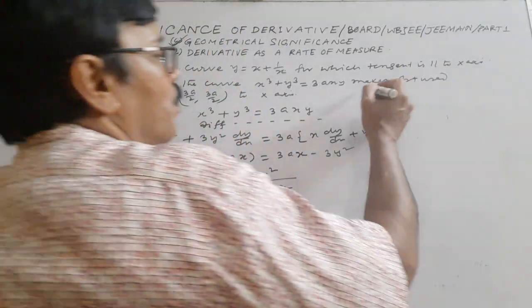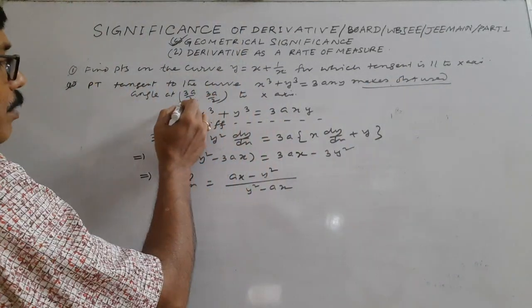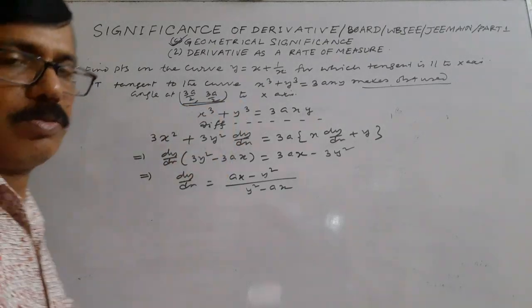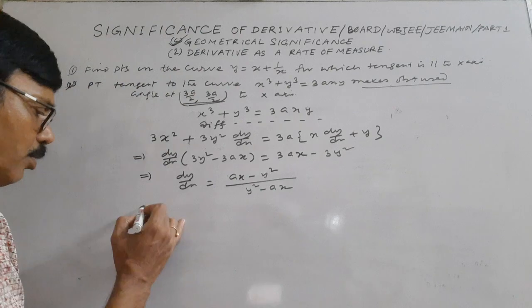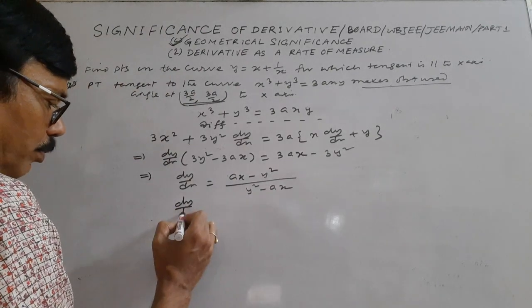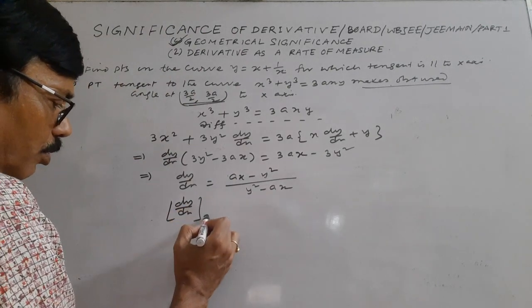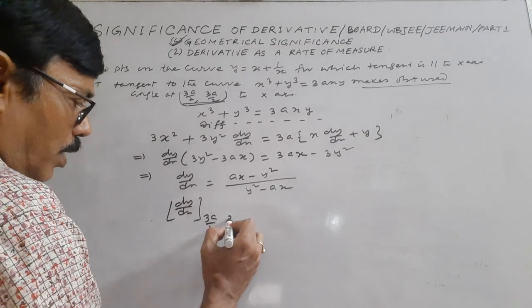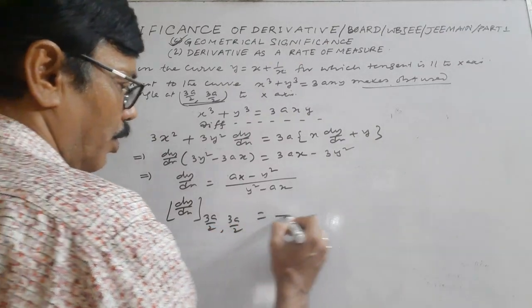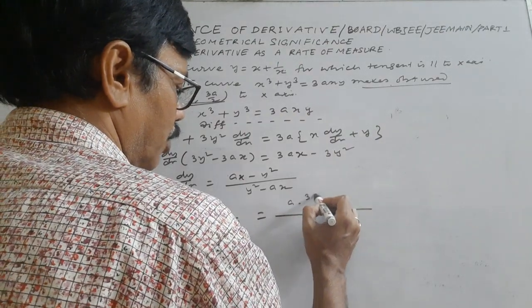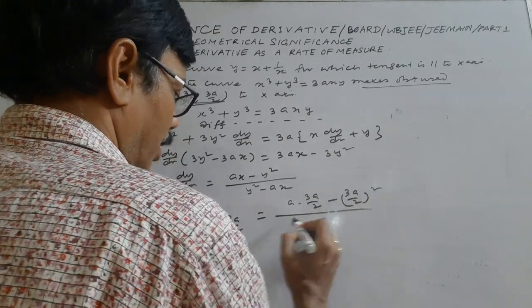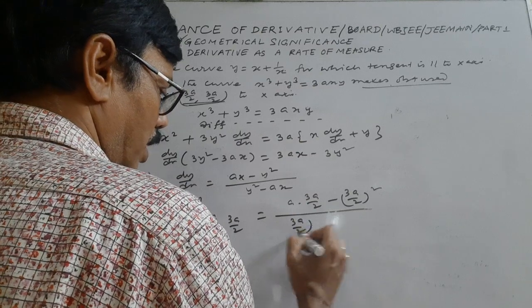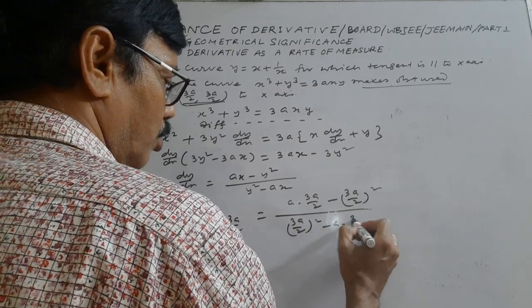Now it makes an obtuse angle at (3a by 2, 3a by 2), so you have to find the derivative at that point. Substituting, we get a into 3a by 2 minus (3a by 2) whole square, over (3a by 2) whole square minus a into 3a by 2.